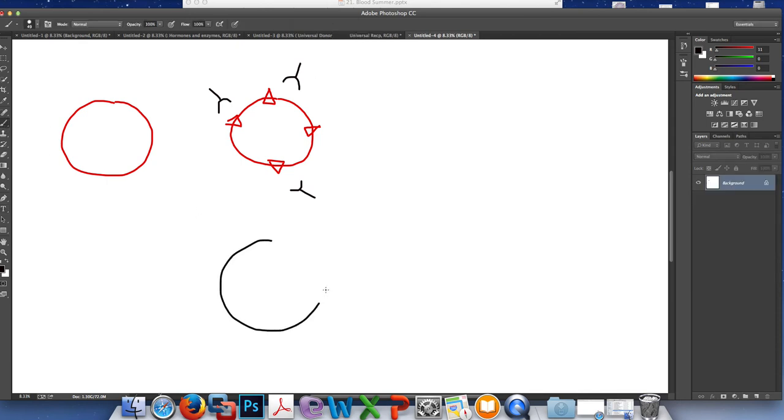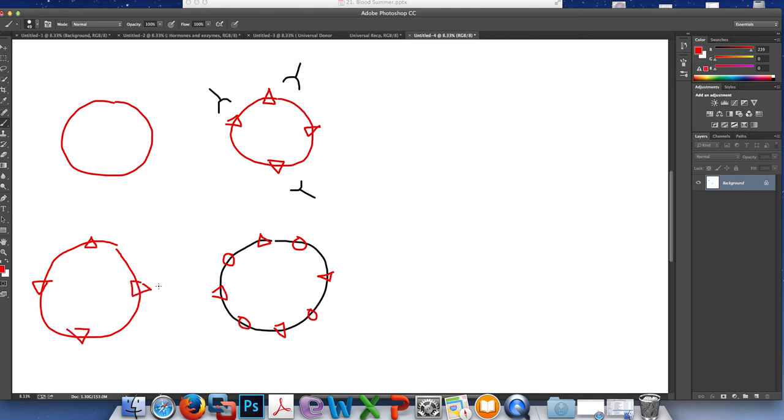Let's say this is my donor and it's AB, so it has antigen A on its surface as well as antigen B. And let's say we are donating type A blood. Again, our donor, we're only concerned with the red blood cell, so I'm only drawing the red blood cell and the antigens.